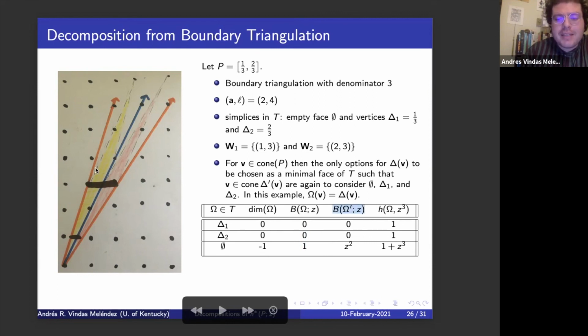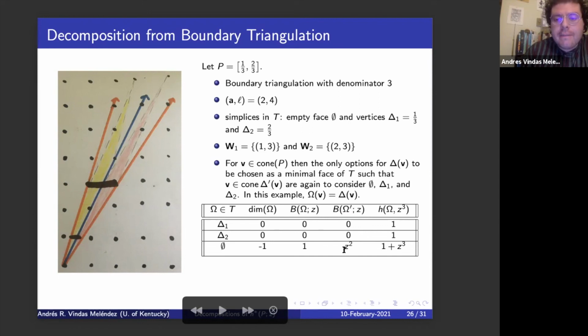That means I care about the same integral ray generators of these box polynomials, right? With that point specified. And so I specified (2, 4). And so I should get that my box of delta 1 prime is this yellow one over here. And box of delta 2 prime is now this pink one over here. And you can also see that they're empty because I made this very small example.